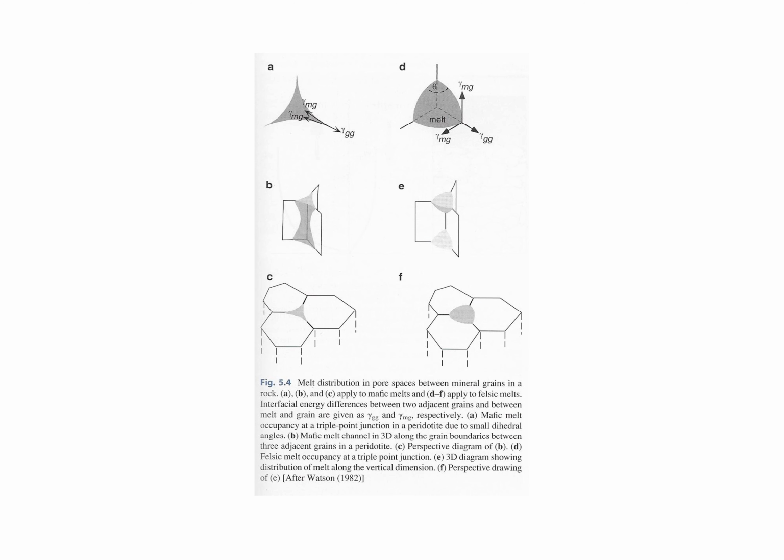E. 3D diagram showing the distribution of melt along the vertical dimension. So here we have not an interconnected network of melt like we have it here, yeah. So that means a mafic melt is much more mobile compared to a felsic melt. And why is this?